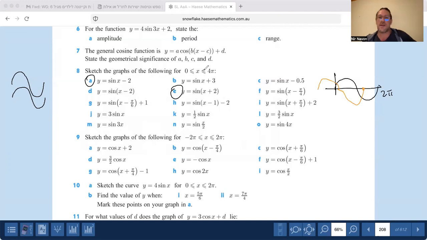Now it's between 0 and 4π. So we have here another one up to here. And the same, everything would be moved to, let's do this one right here.